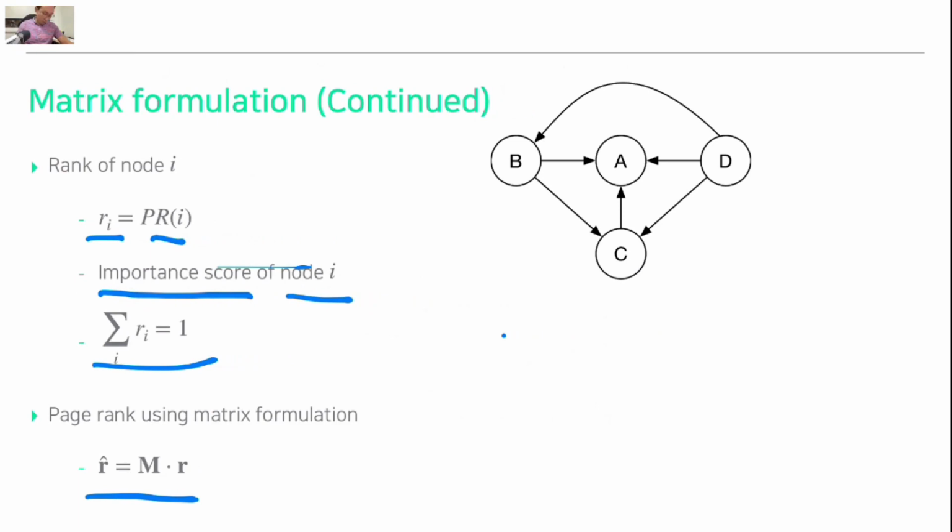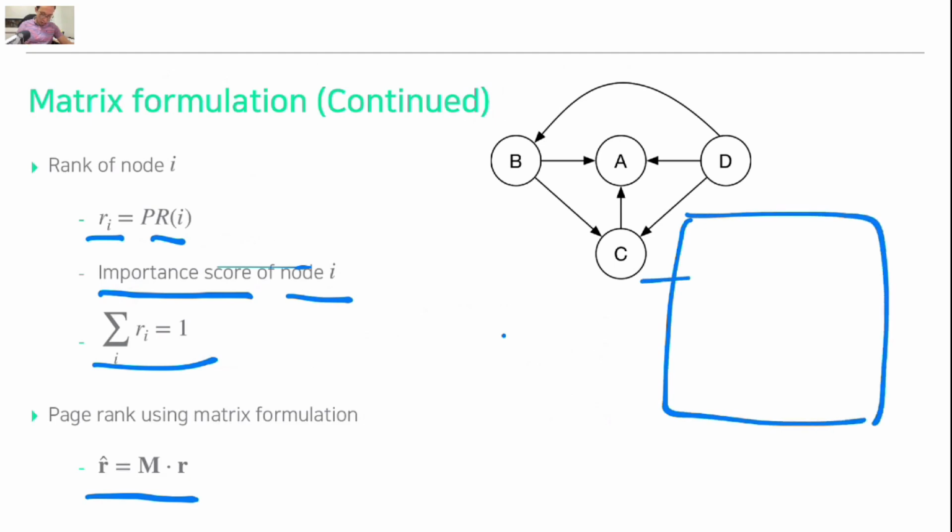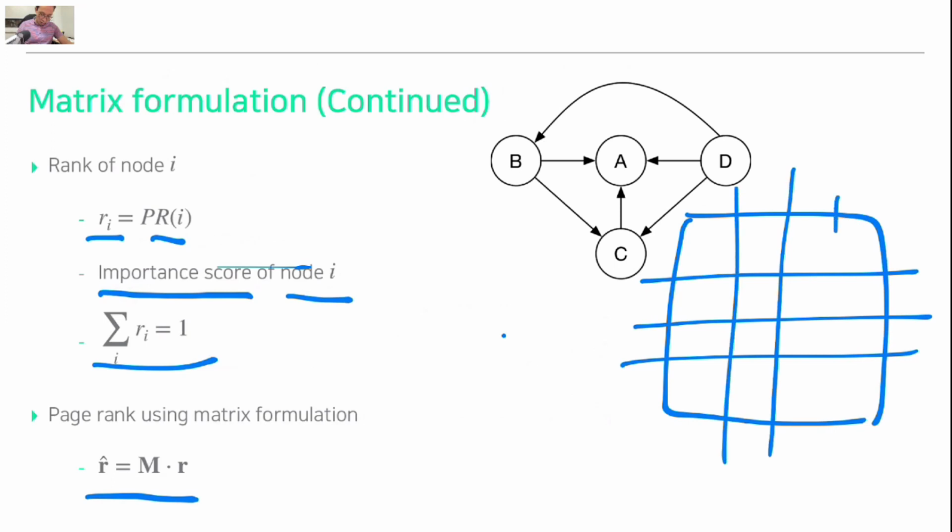So let me give you an example. We have a four by four matrix, with A, B, C, D as rows and A, B, C, D as columns. This is M, right?